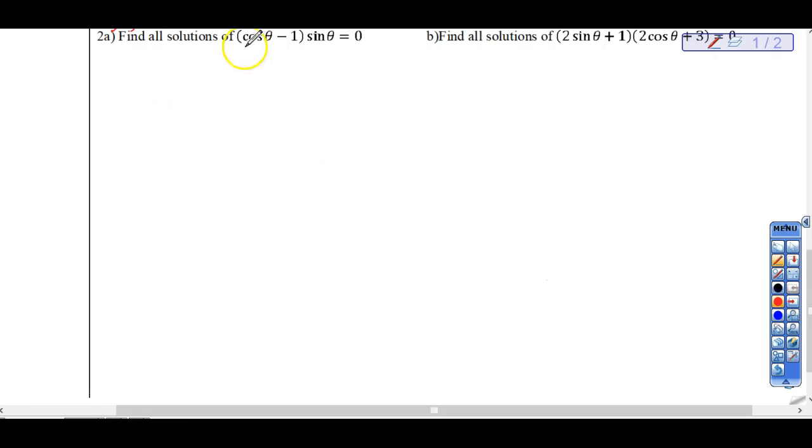So here's what I would do. I'm going to color code here. I'm going to set the cosine of theta minus 1 equal to 0, because either this can equal 0, 0 times something equals 0, true statement, or sine of theta can equal 0, and something times 0 equals 0. So either one of them can be 0.